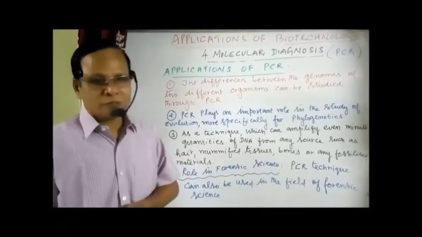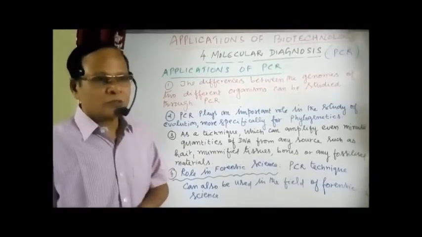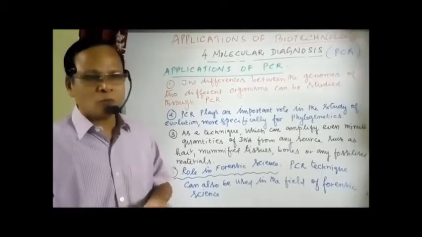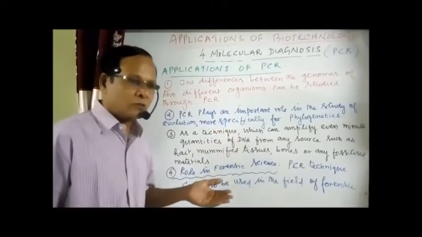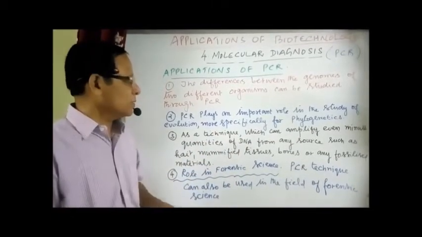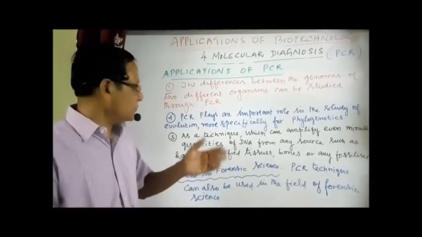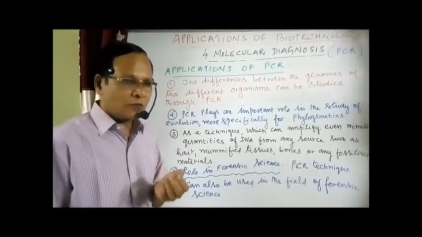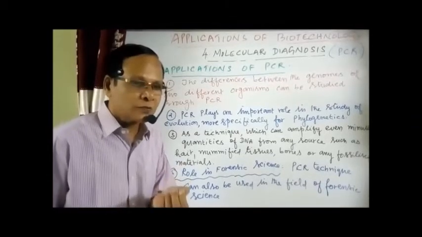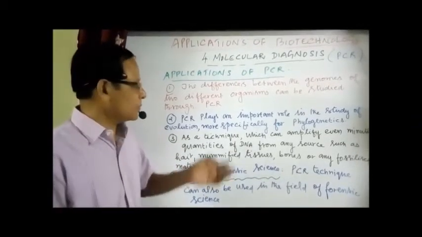They are actually preserved human beings with the help of herbal smearings. So mummified tissues, persons who lived many years ago, bones or any fossilized materials. From these sources, even a minute quantity of DNA is enough to amplify with the help of PCR.